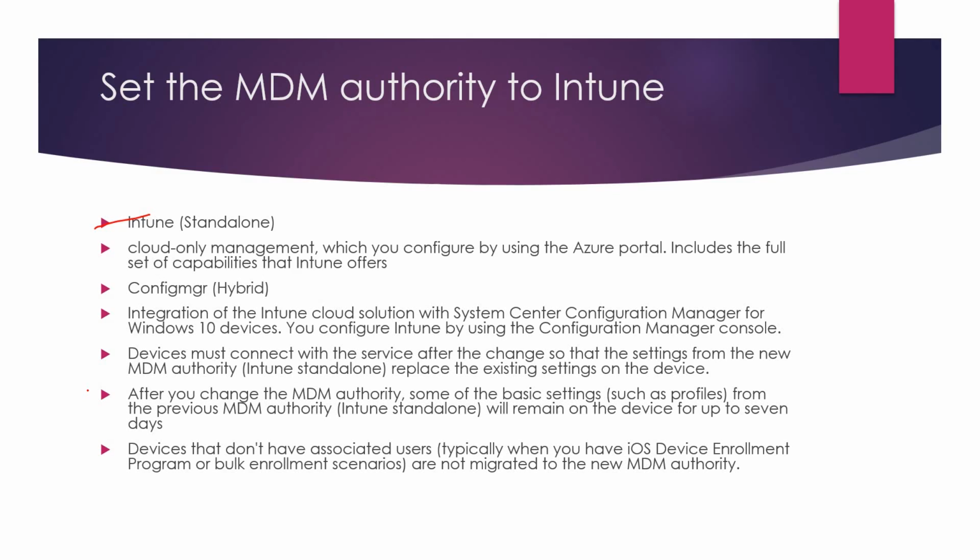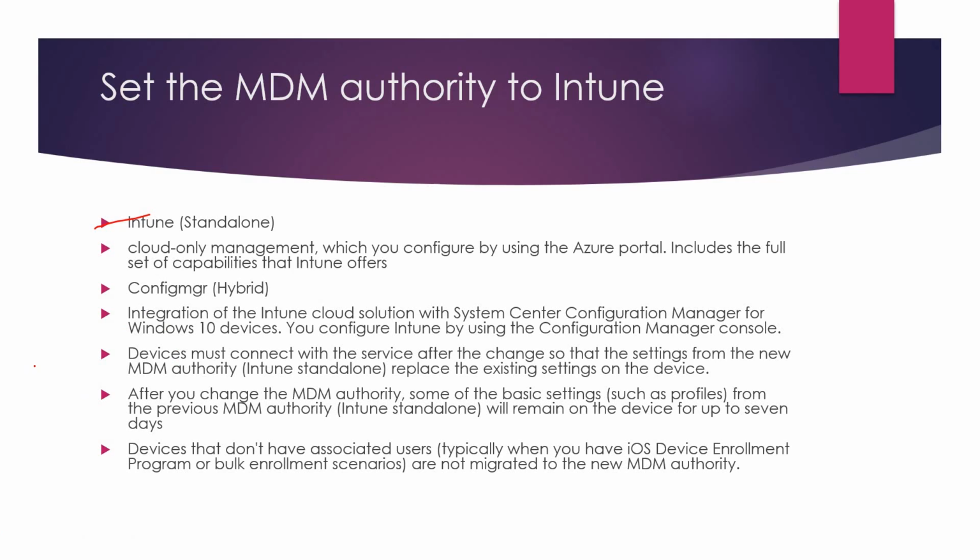And before we change that, there are a lot of prerequisites, and that's something which we will discuss in a different tutorial. But for now, just know that the MDM authority can be either of these two, and it can be changed from config manager to Intune if we are moving from hybrid to Intune standalone.